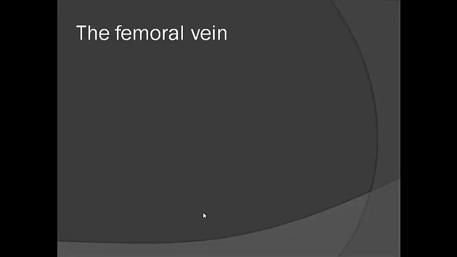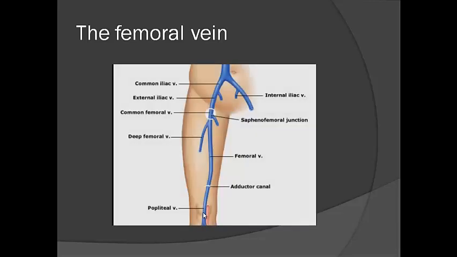And just like I have a femoral artery, obviously that means I'm going to have a femoral vein. And like I always say, just remember that veins take the opposite route to arteries. So the femoral vein is actually going to start from the bottom of the lower limb as a continuation of something called the popliteal vein. It's going to pass up the anterior compartment of the thigh along with the femoral artery.